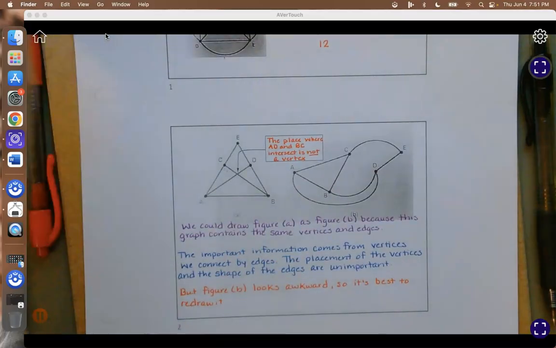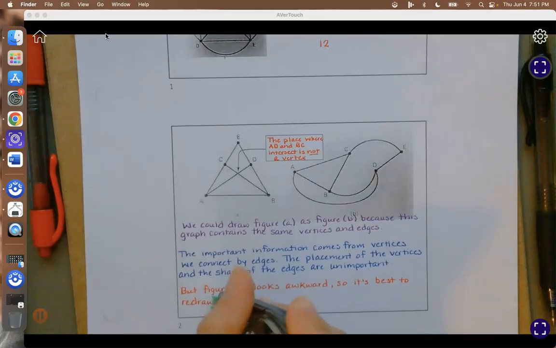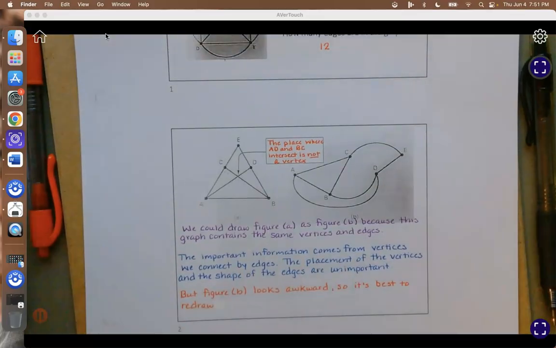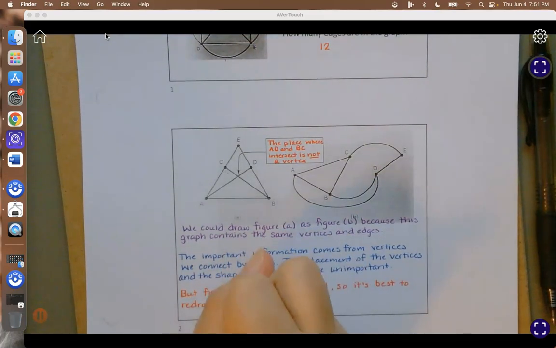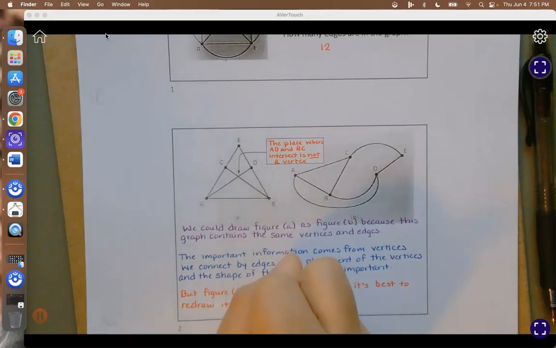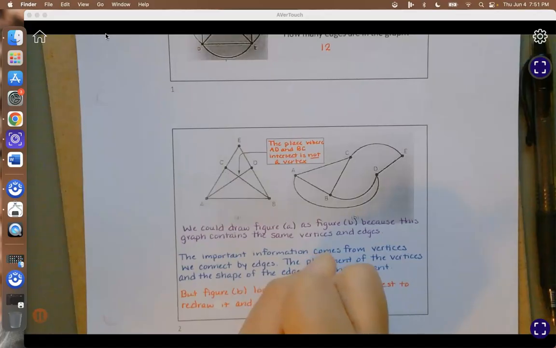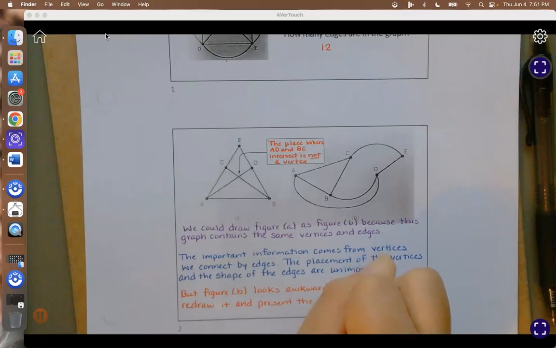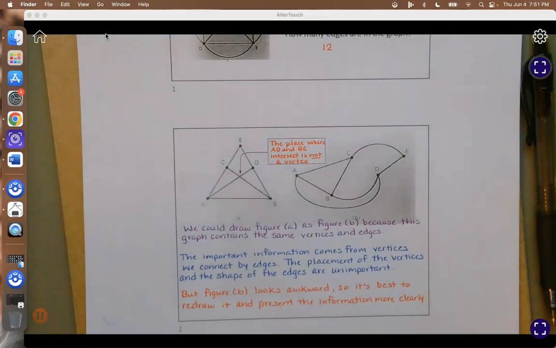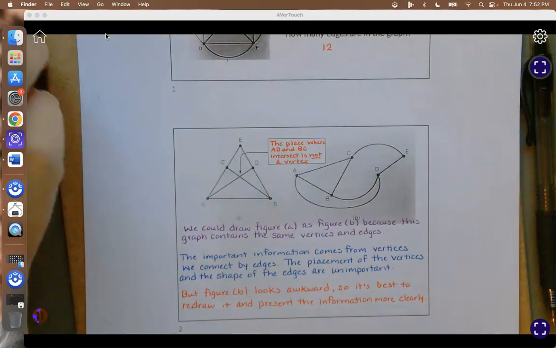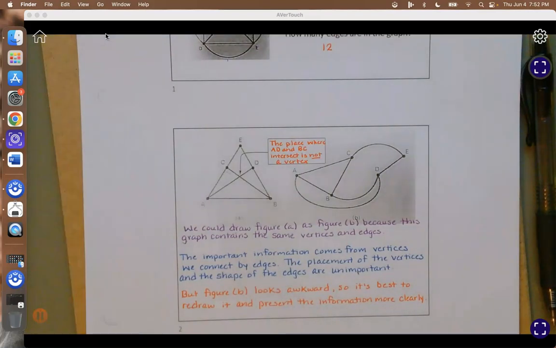So, a vertex of a graph is odd if it is the endpoint of an odd number of edges.